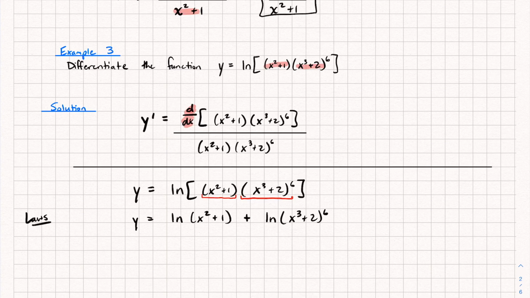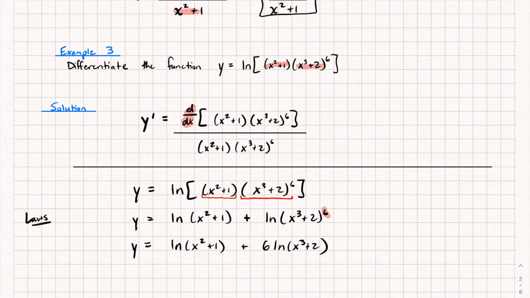Law 3 tells me that if I have a power on something that I'm taking the log of, I'm allowed to bring that power to the front. Notice that this logarithm just drops down because there's nothing else we can do with it. And so this is fully expanded.